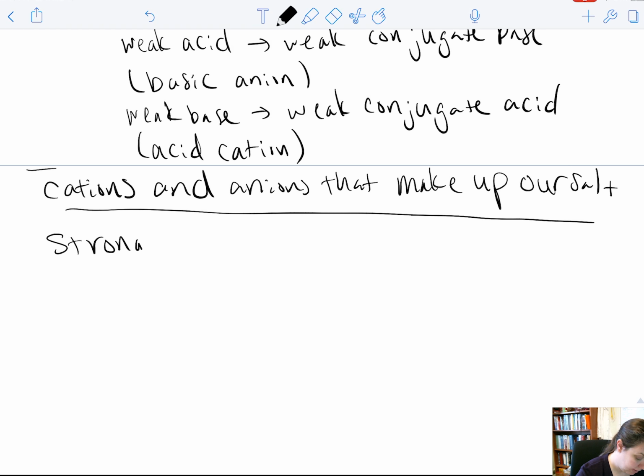If we have a strong acid in the reaction, we'll have a neutral anion.